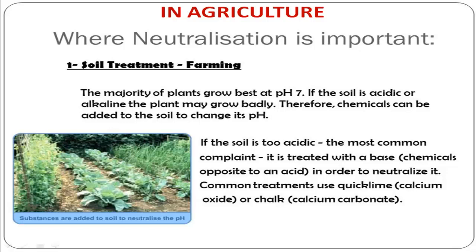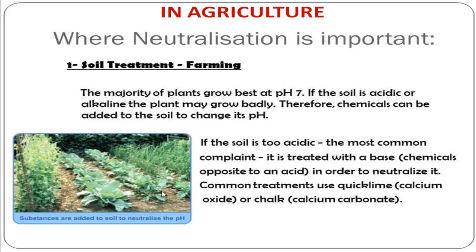So the lime neutralizes the acidic substance of the soil and makes it neutral, and in this way our cultivation production will be increased. So here also we can see the importance of neutralization reaction in our agricultural sector.